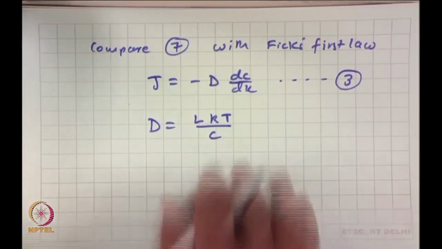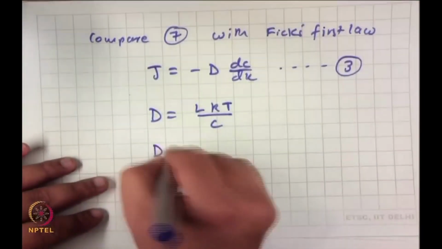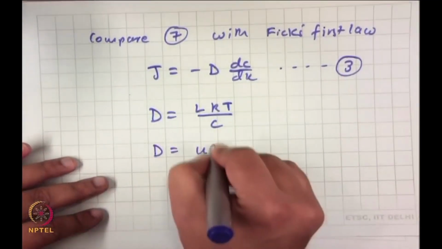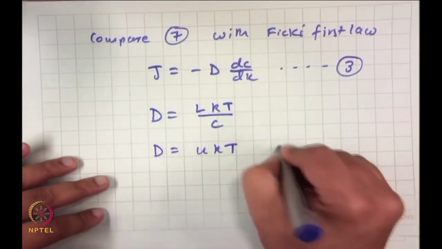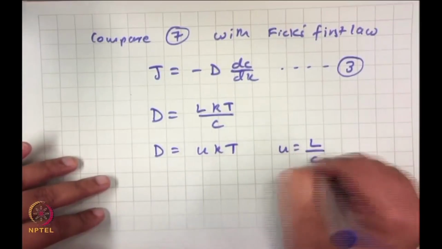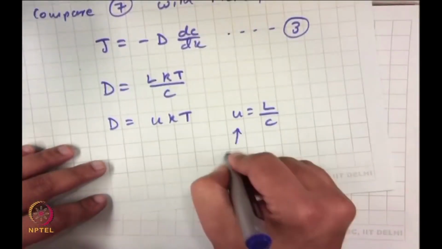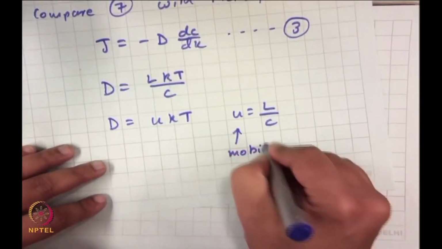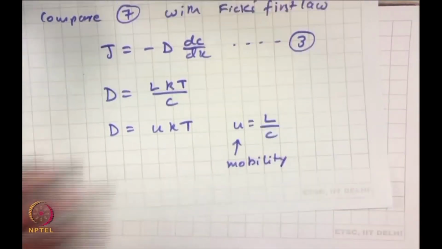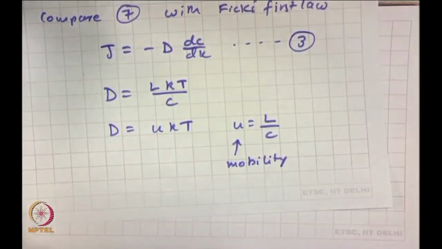Okay. Now, this can be further written as D is equal to U kT, where U is equal to L by C, and this U is defined as mobility. Okay, that is how you define it.